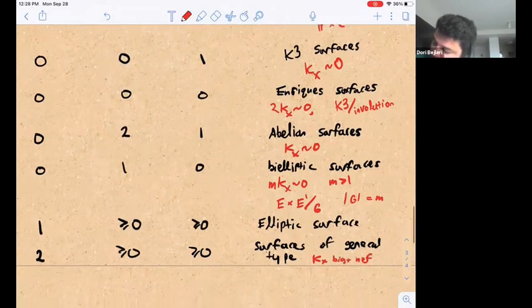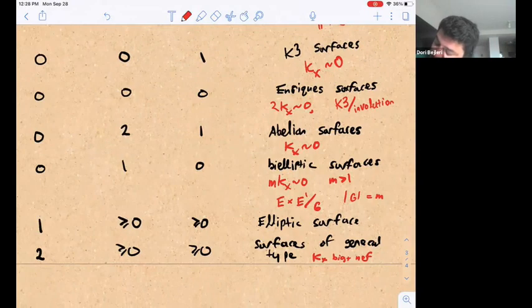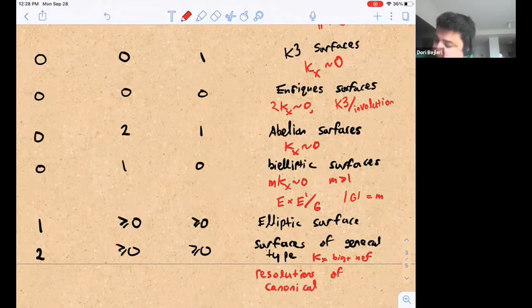And we can characterize these as being resolutions of singularities of what are called canonical models, which I'll define when we get to this part of the proof of this theorem.